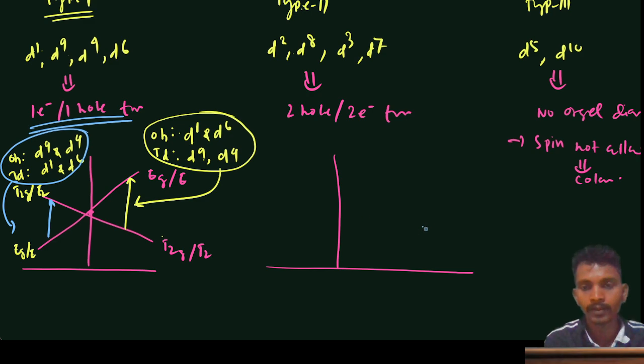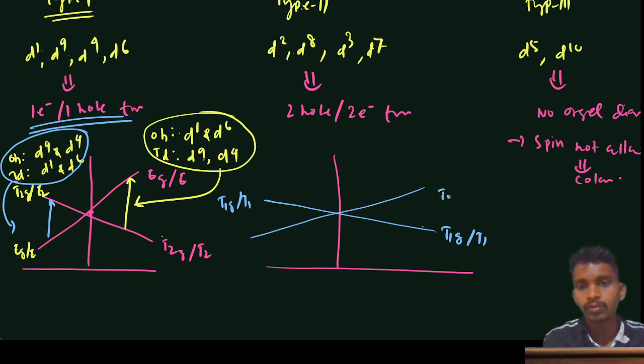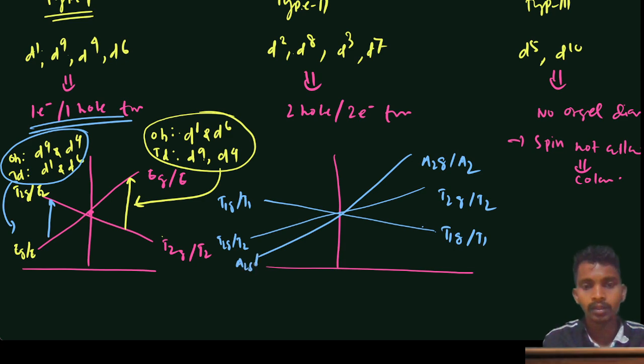In these diagrams we will draw T1G or T1, and A2, then T1, then T2. This is T2G or T2, and after that I will go to A2, this is A2G or A2.